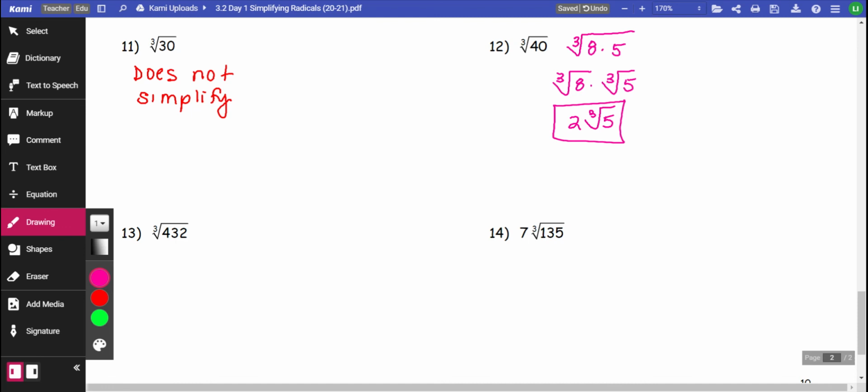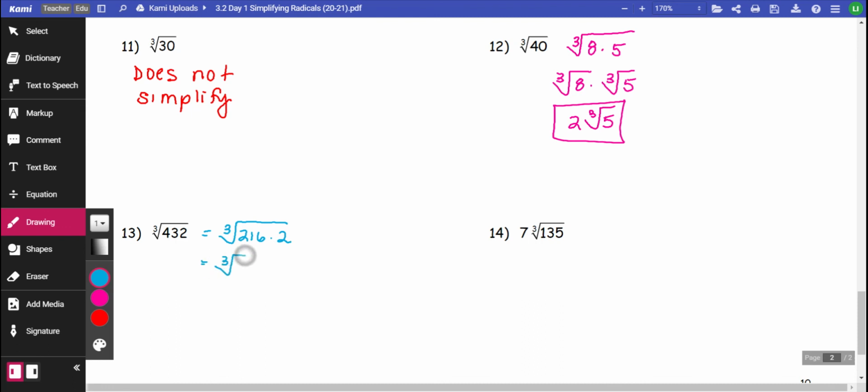All right. When I have the cube root of 432, let's see, what does 432 divide by? 216, times 2.